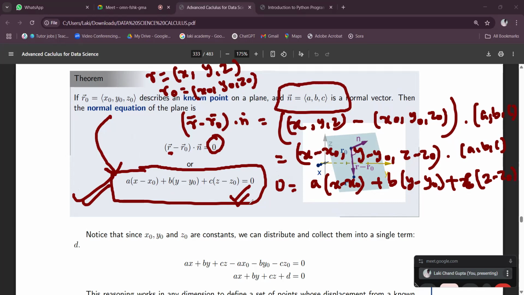So x0, y0, z0 are constants. You can say these are numbers because this is a point, right? When you distribute and collect them into a single term, you will get this type of equation.